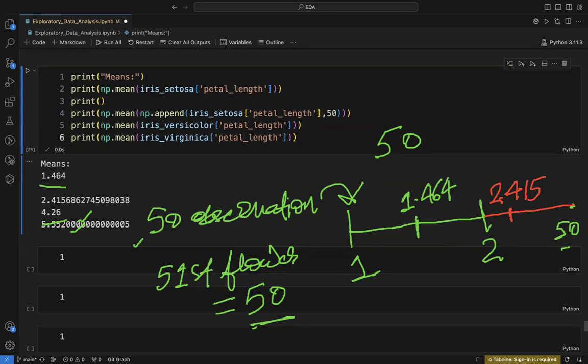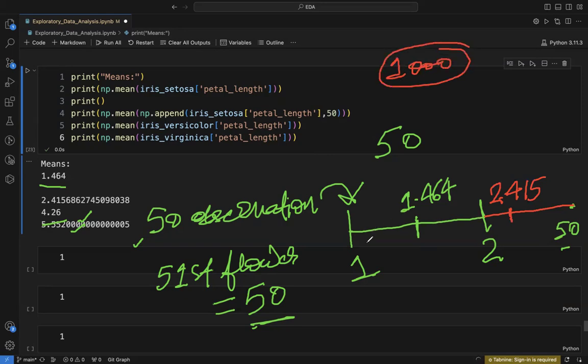And this sum could be extremely large if I have one extreme point. Let's assume all my flowers lie between 1 and 2, but one number exists which is extremely large. Let's say one number is 1000.